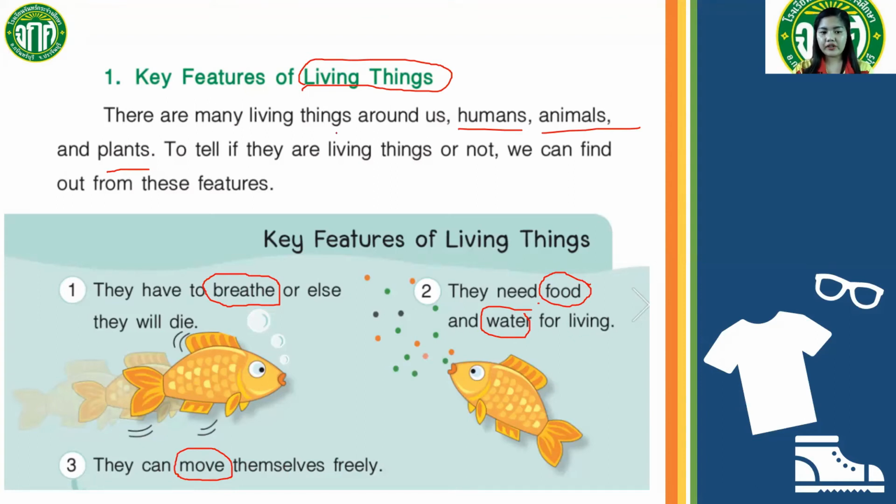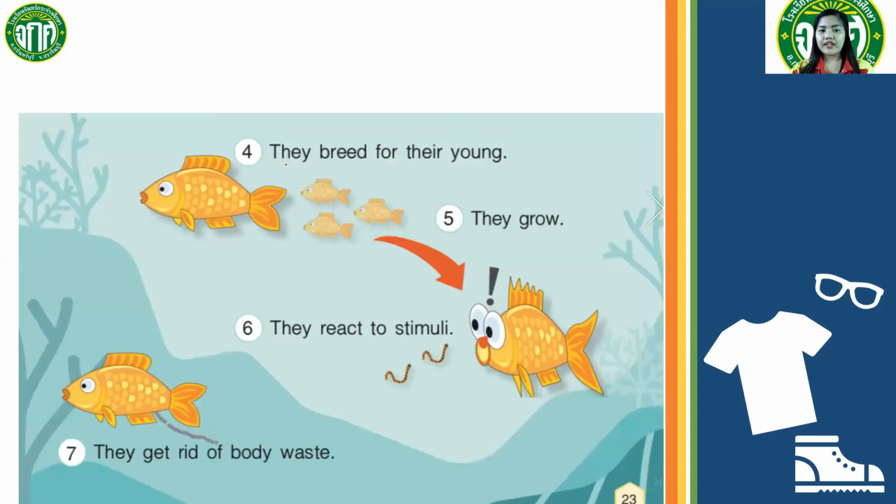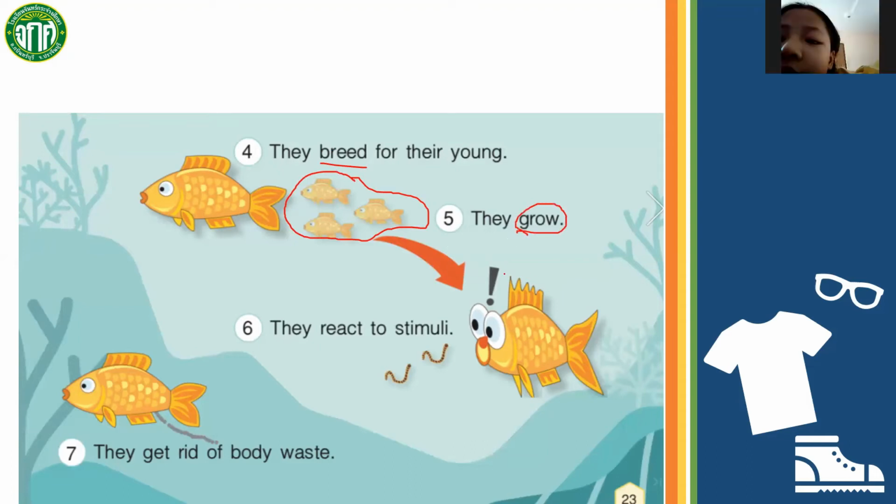Number 4, they breed for their young. So they breed or they can reproduce. They can have their babies. Next, number 5, they grow. So living things can grow.